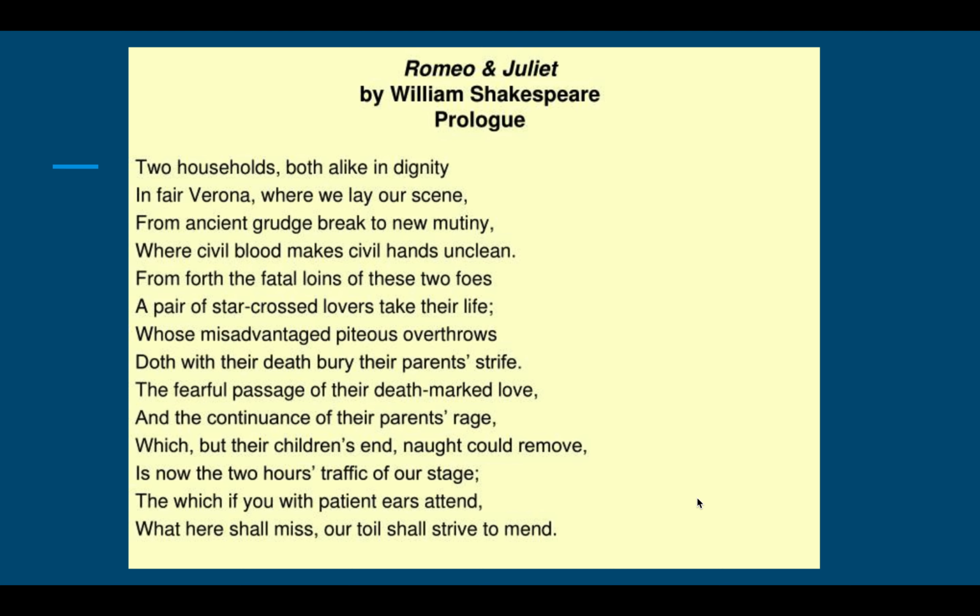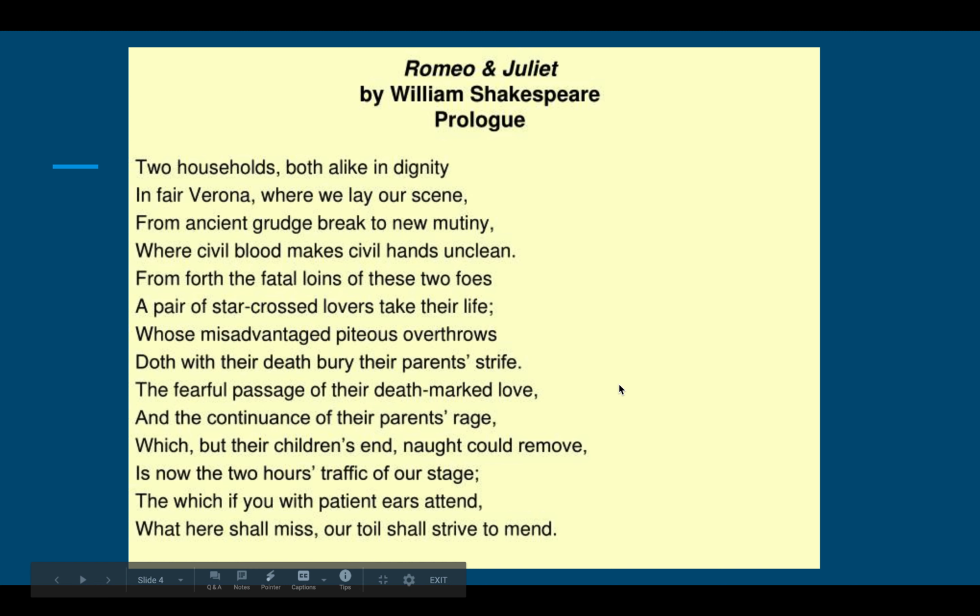We also know, since it's in the form of a sonnet, that it is written and therefore spoken in iambic pentameter. That means, of course, there are 10 syllables per line, but possibly even more importantly, there's a certain rhythm to the prologue.